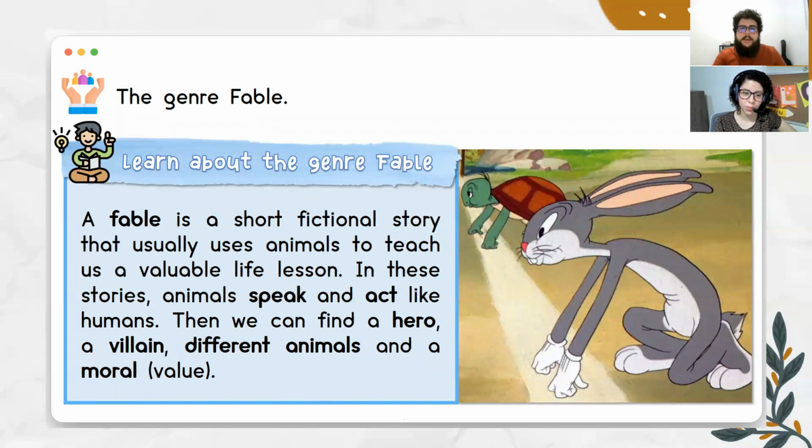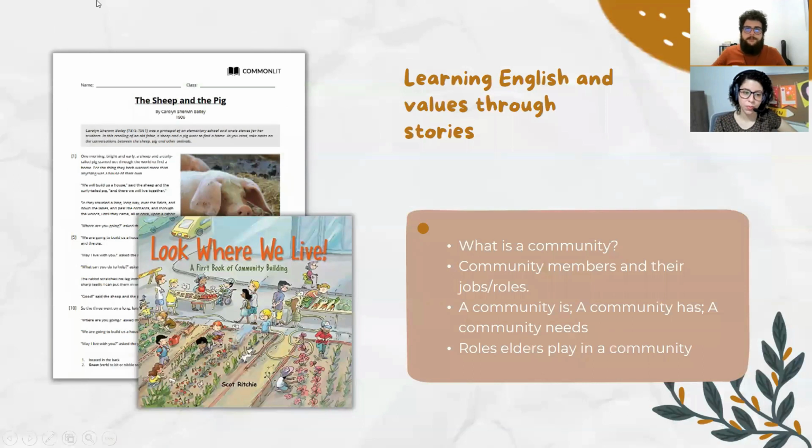The fable we read is entitled The Sheep and the Pig. In this fable, a sheep and a pig want to build a house, and throughout the story, they start meeting different animals. We're going to get to those animals later on.